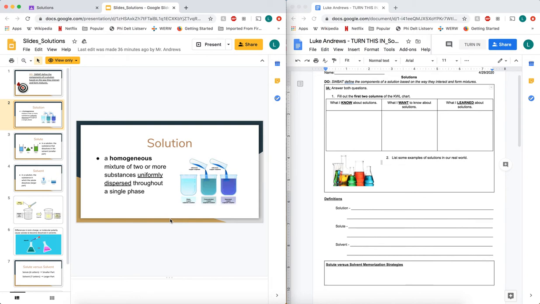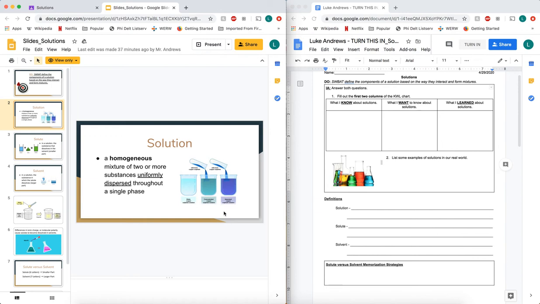If I took an eyedropper and I took a little sample from right here, it would have the exact same percentage of water and our solute as it would if I took an eyedropper from over here. There's not two different phases. There is only one phase.